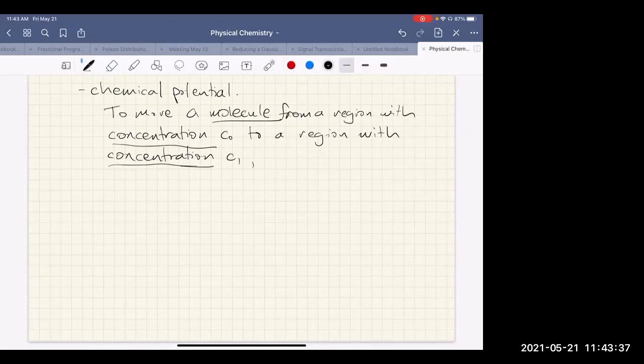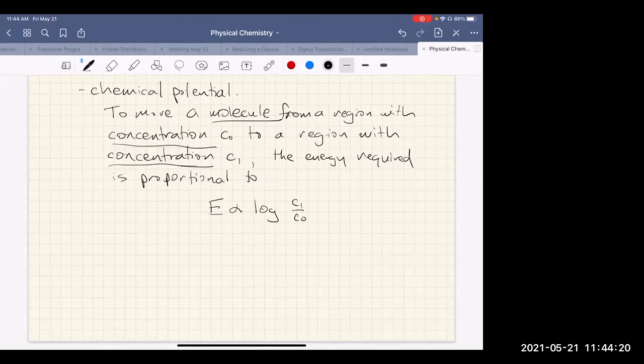The energy required is proportional to, so the energy to move one molecule, I used EM for the total energy of the reservoir, so I'm going to use just E for one molecule, is proportional to log C1 over C0.